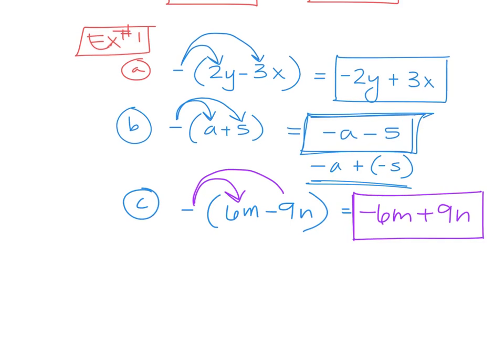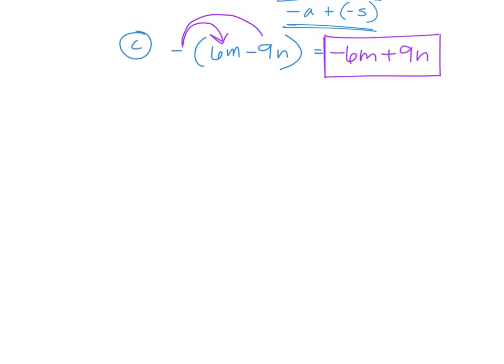Okay, now we get into some vocab. Really, these are just things you need to understand so that when I'm referring to them, you know what I'm talking about. So the first thing is a term. When I talk about which term in the expression or which term in the equation, a term is a number, variable.